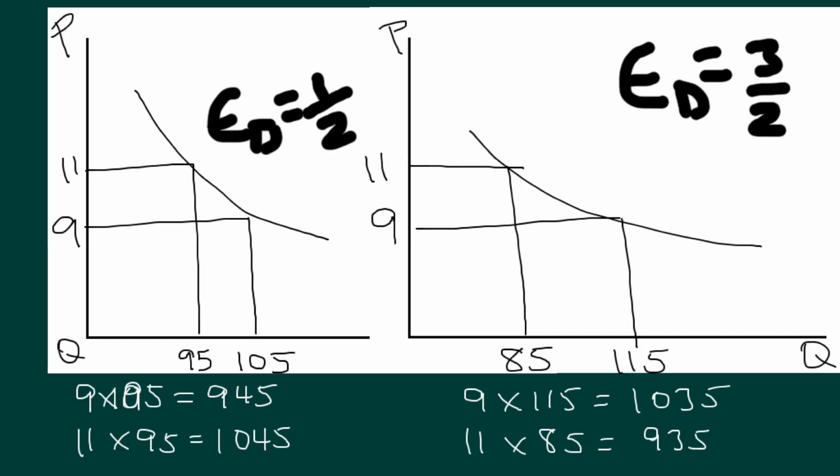So I worked these out to show you then that with an inelastic demand curve, the one on the left-hand side, we see revenue grows as our price is raised, okay? Total revenue is price times quantity.